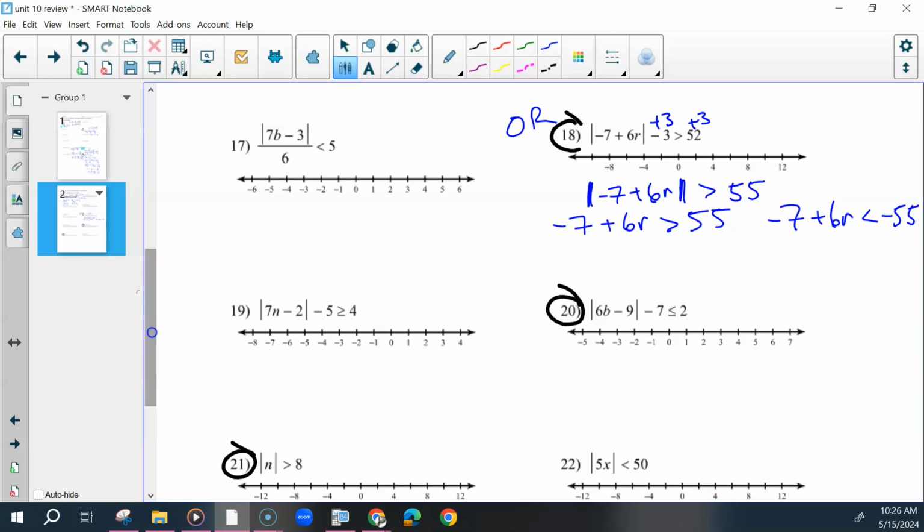You're going to solve both. I don't know why I put 8. I was supposed to put 7. Add 7 to both sides. If you have to divide by a negative number, you still flip the signs.